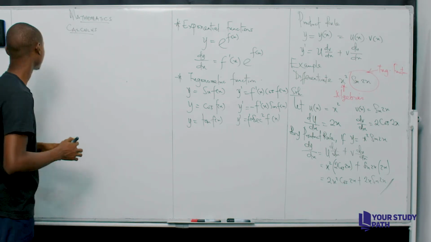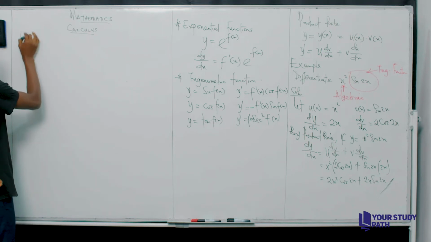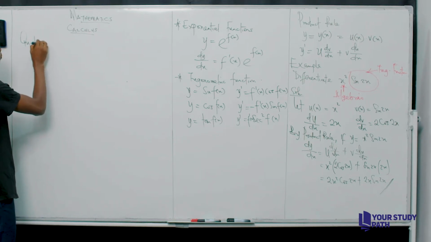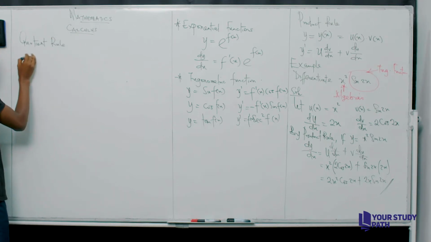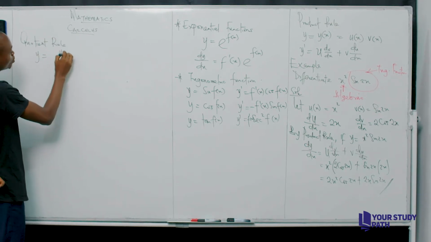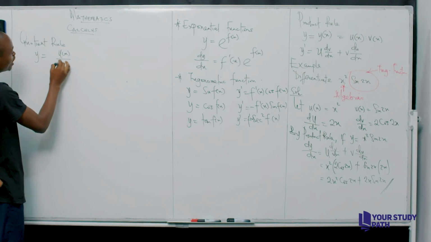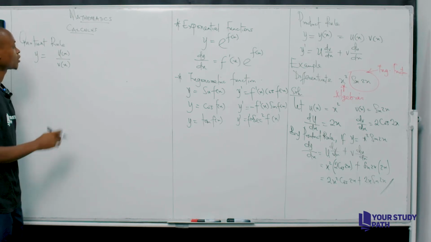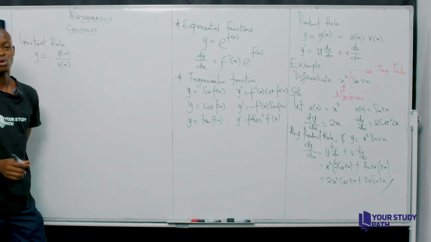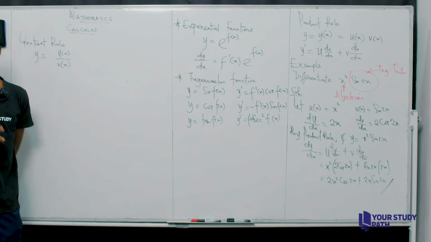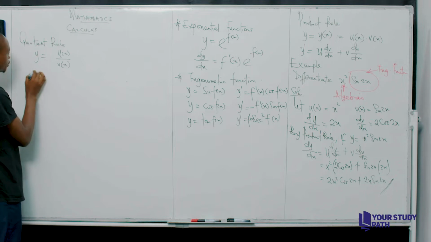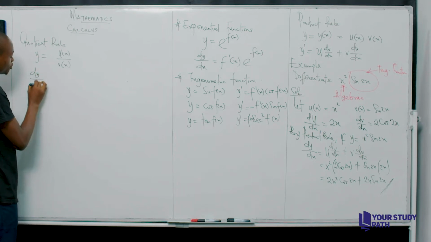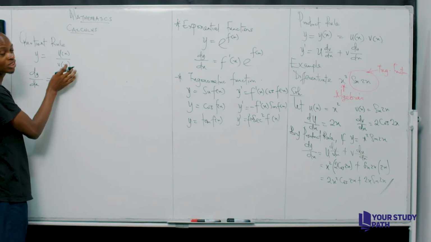How does this work? For the quotient rule, you will have y equal to u of x divided by v of x. Now, this is where the biggest change is, u divided by v. The order becomes very, very important. The differential of this with respect to x will now be: hold the denominator.